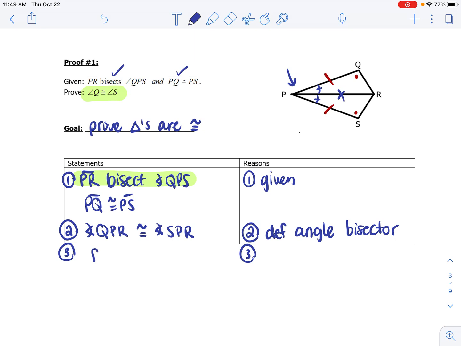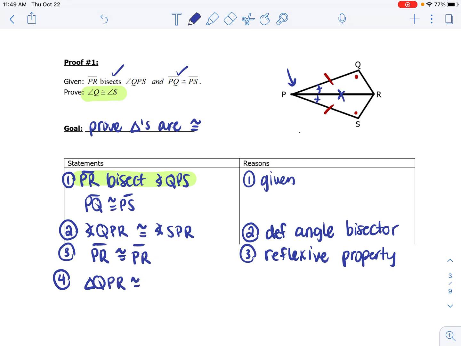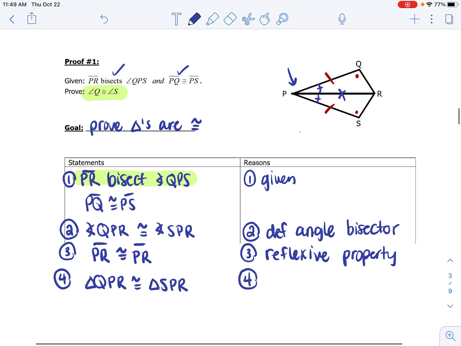I can prove PR is congruent to PR through the reflexive property. And then is that enough information to prove that triangle QPR is congruent to triangle SPR? And they are congruent because we have side, angle, side.